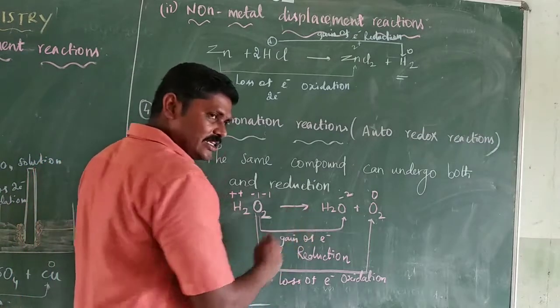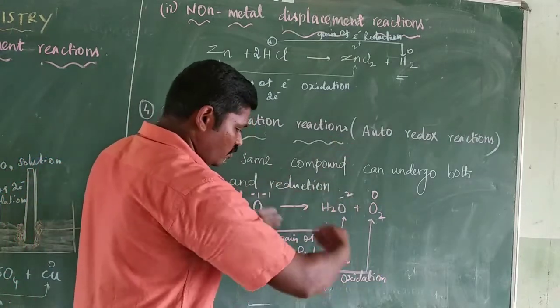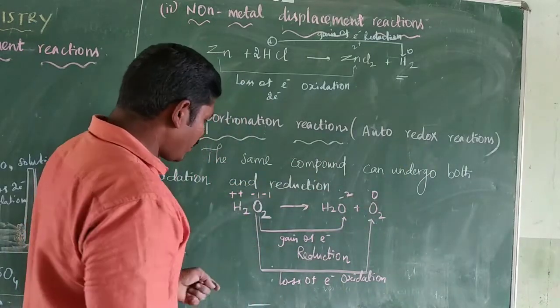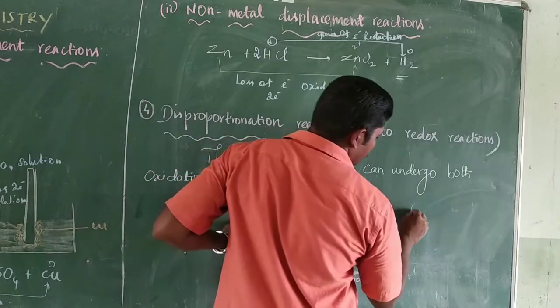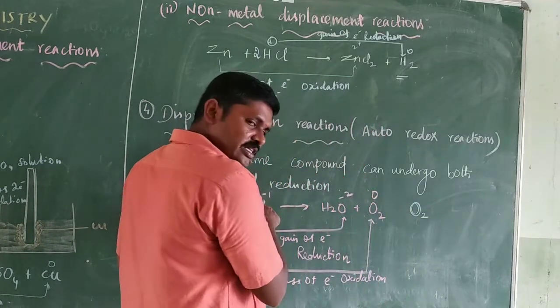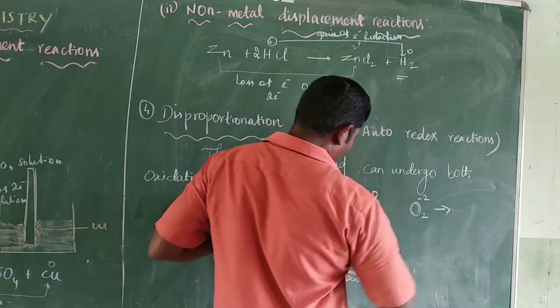How to balance this disproportionation reaction? We write two half reactions: one is a reduction reaction, another is an oxidation reaction. In O2 2 minus, each oxygen is minus 1, going to 2 O minus 2.